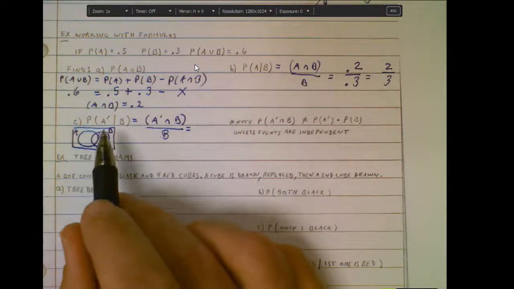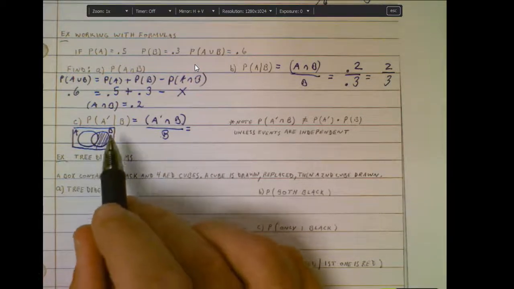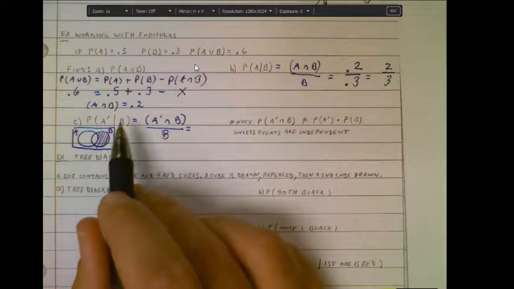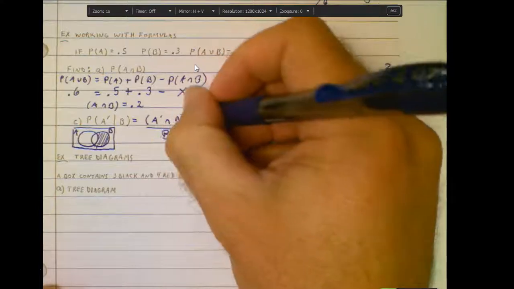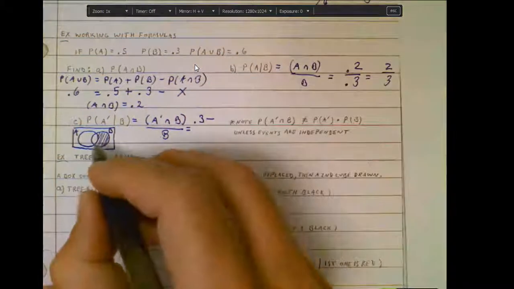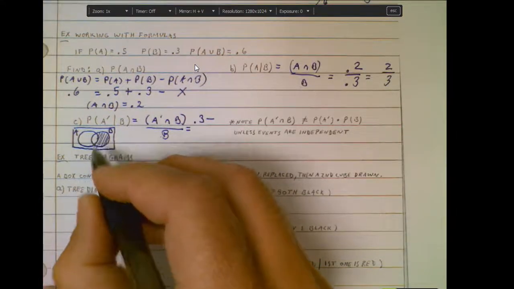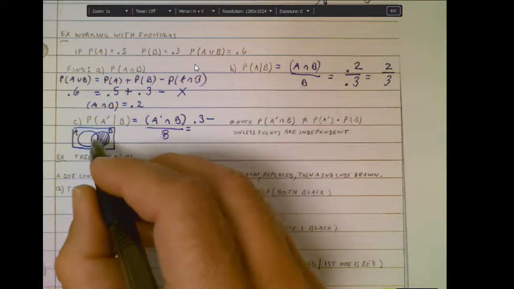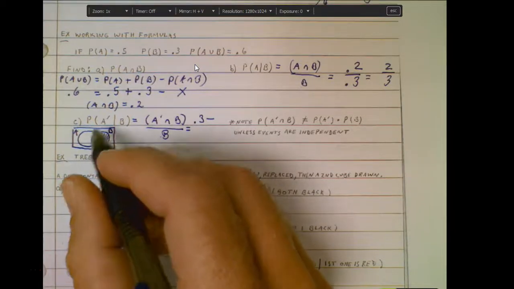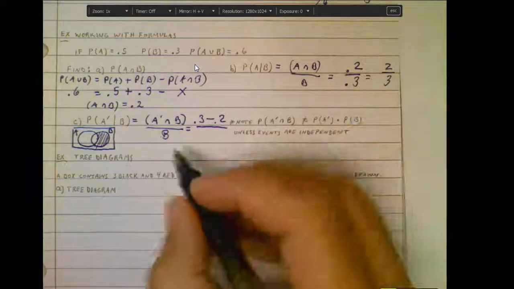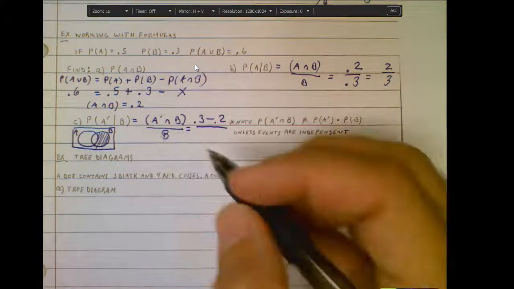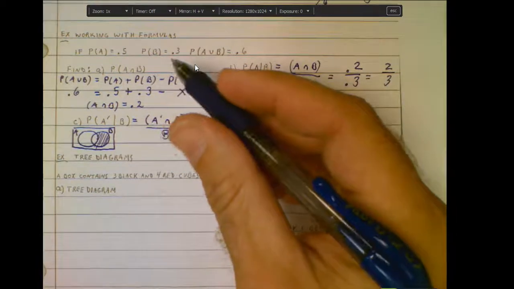So how do we get that? Well, we take all of B, all of set B, which is 0.3, and we subtract that middle portion of A and B, which we already know now is 0.2, and we put it out of B, which again is 0.3.